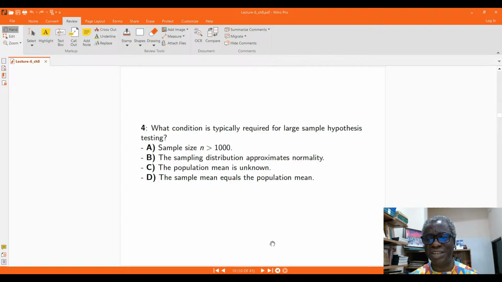So what are your preferences now? Abraham says B, Tawuka B. Idris is still discussing the question.